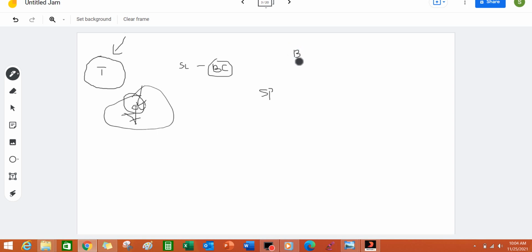So that is where we are going to be leveraging. For your boom and crash, you will be leveraging on the trend, and then you will be leveraging on the time frame. Let me use TF for that.